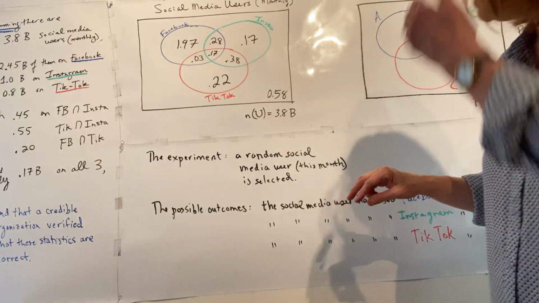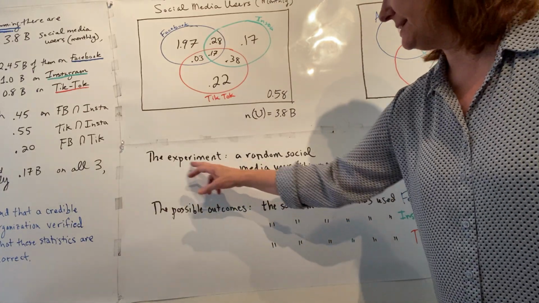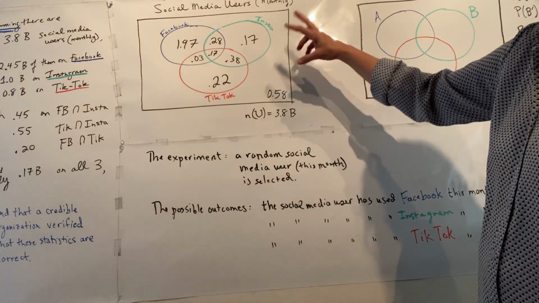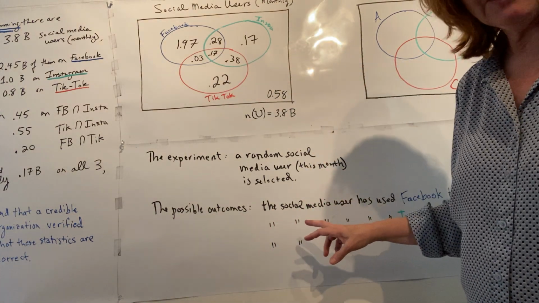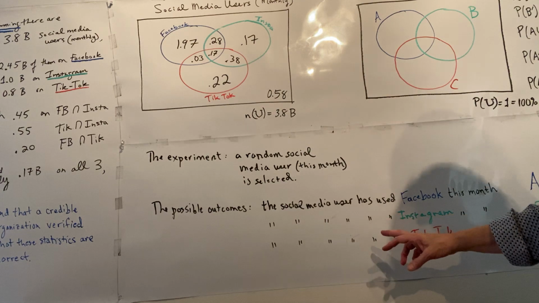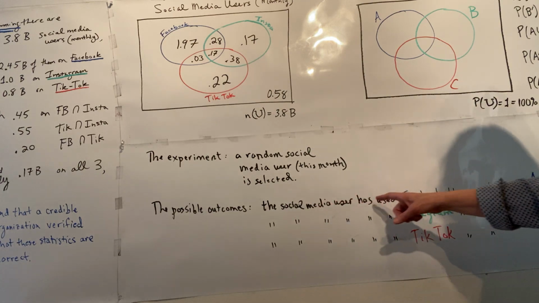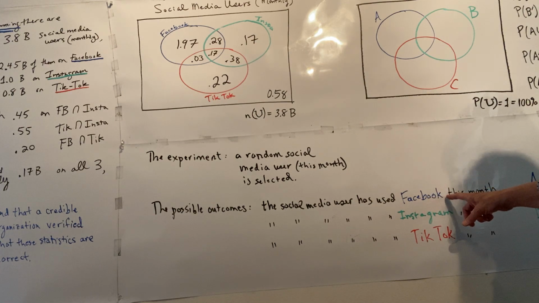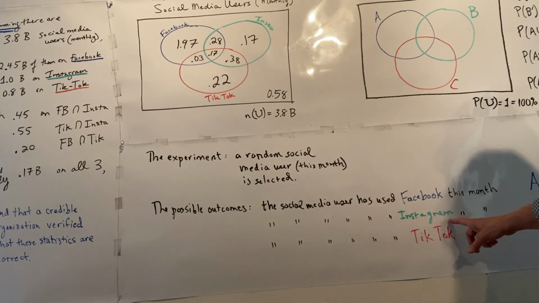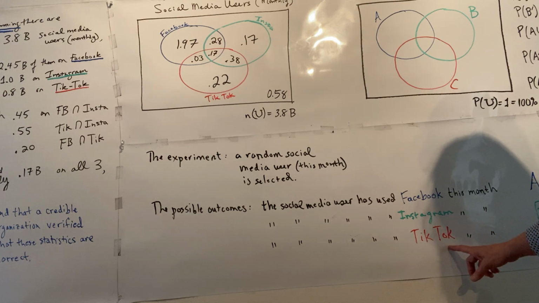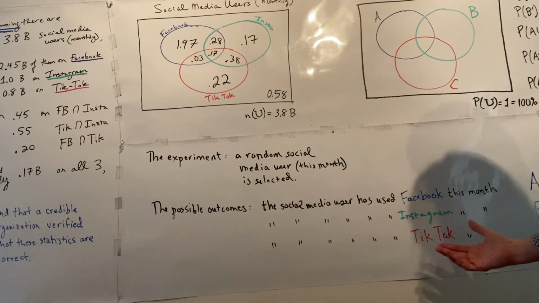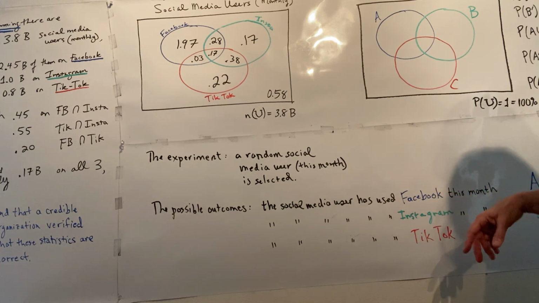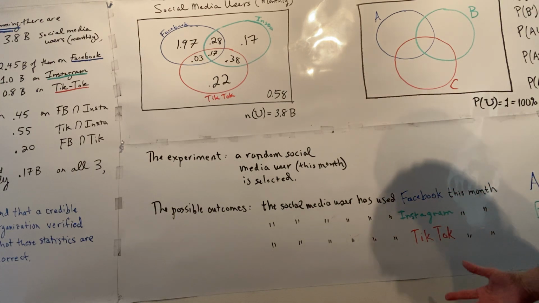Anytime there's an experiment, there should be outcomes. The outcomes here are that the randomly picked user used Facebook this month, or Instagram, or TikTok. They could respond with just one of those, or 2, or all 3, as we have seen.